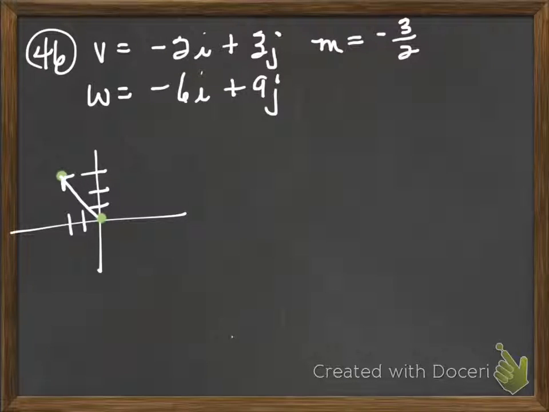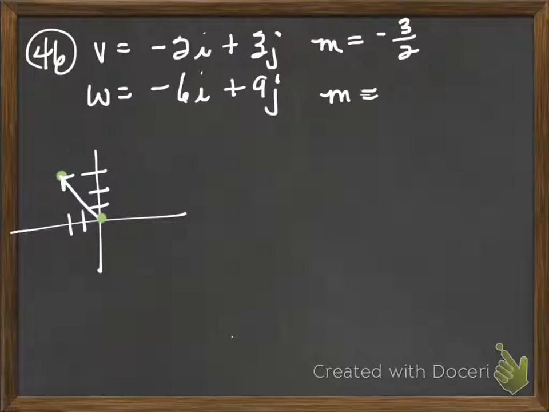Alright, so let's make a connection. If we're doing slope, it's y over x. In this situation, it's going to be j over i, because y and j are the same when we're graphing, and i and x are the same. So what's the slope of vector w?